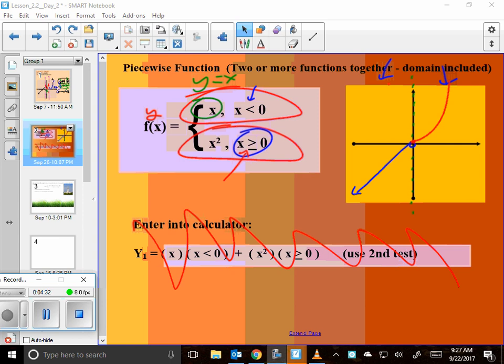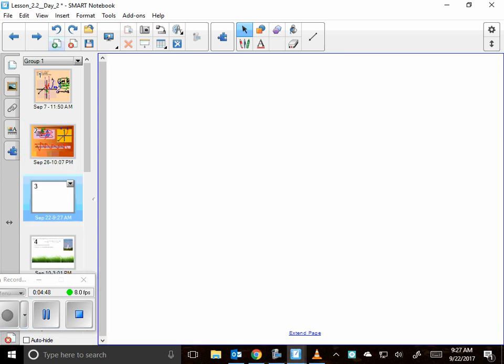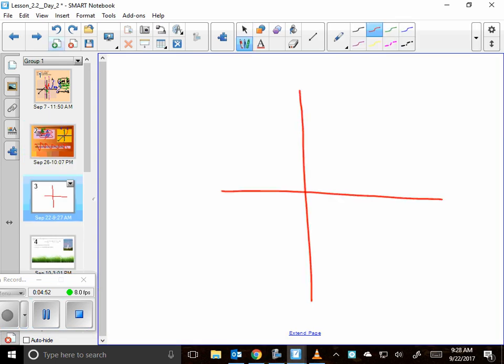I'm going to just give you one more and see if you can do this from start to finish. And I don't have a nice little piece of graph paper for you. If you want to import graph paper, it would take you like 3 touches of your finger in strategic spots. You should be able to get graph paper in there. But either that or just make the best sketch you can of this piecewise defined function.